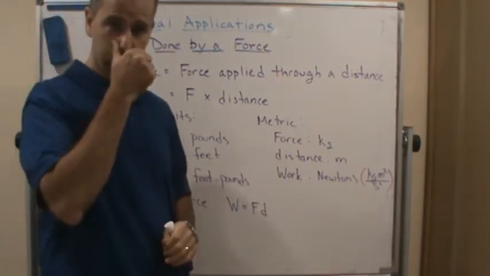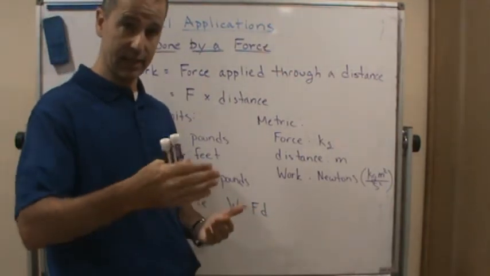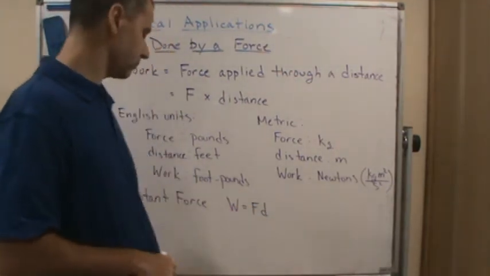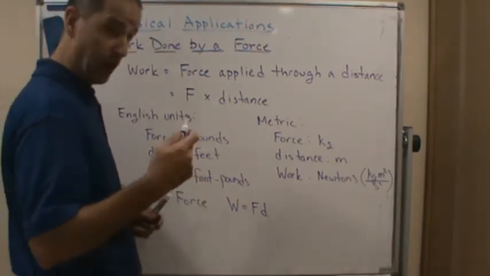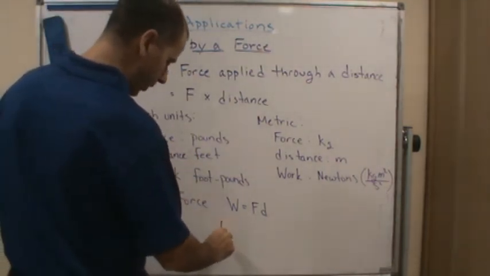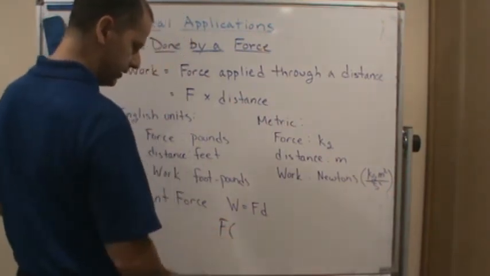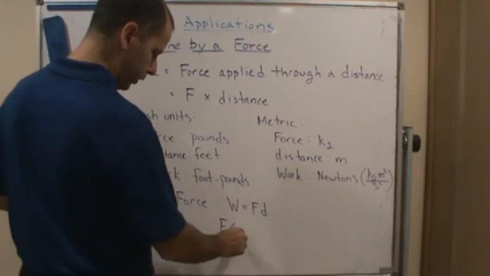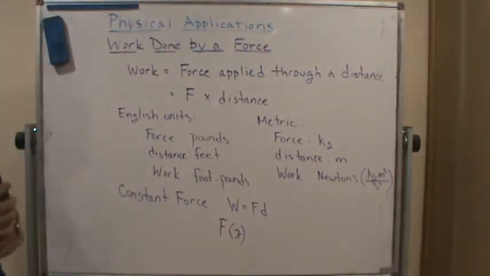We're going to deal with springs a little later, but the idea is still the same: force tends to not be constant, okay? So that means we're going to have to talk about a force function, a force that's a function of distance.